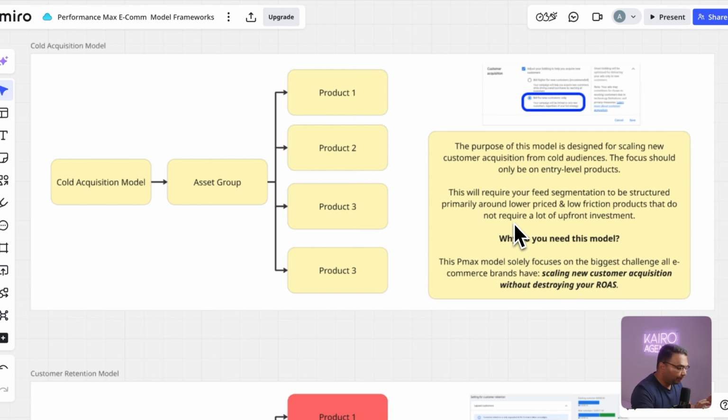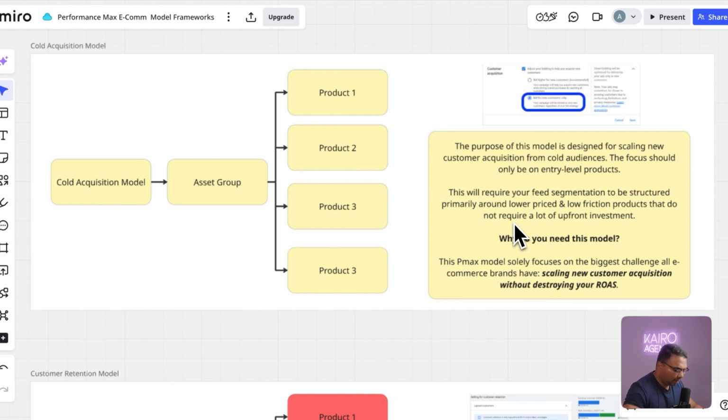Because the purpose of this PMax model is to only go out and target brand new people who have largely never heard of your business. Well, if they've never heard of your business, it's pretty hard to convince someone to spend $500, $2,000, $10,000 in one go. But it's really easy to get them to spend $50, $100, even $200, right? So that's the psychology behind it.